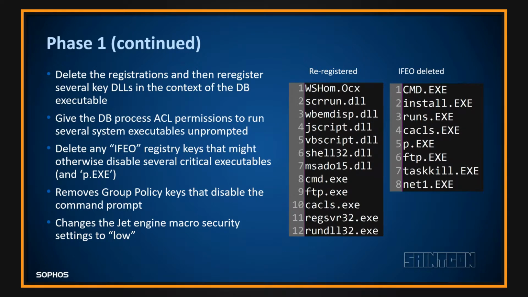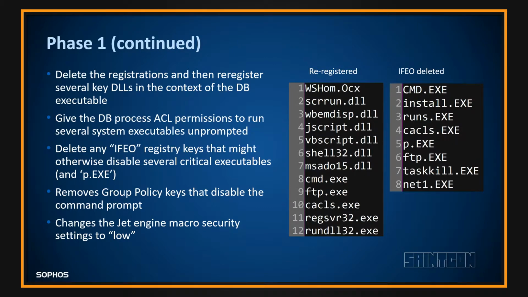It's also used by the Sysinternals tool Process Explorer. When you tell Process Explorer to replace the default Task Manager in Windows, all it does is set the IFIO key so that when you try to go to Task Manager, it launches Process Explorer instead. So it's deleting these IFIO keys because a conscientious and knowledgeable sysadmin can set IFIO keys as a protective measure to prevent certain executables like ftp.exe from being run.